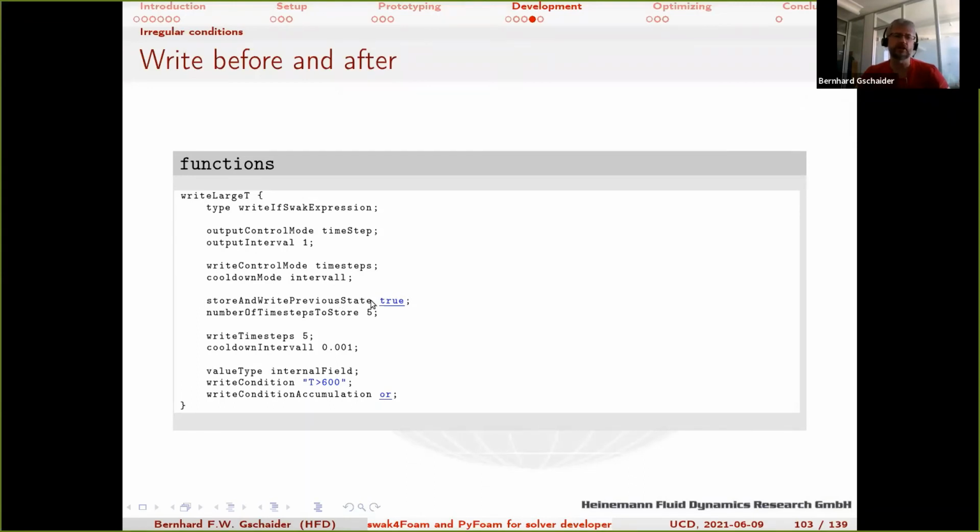He also tells it to store 5 previous time steps, so if that triggers, 5 time steps before are also written out. The write control mode should be time steps: please write out 5 time steps after the event as well. And for the cooldown mode, he takes an interval. He says, wait 1/1000th of a second before you start considering anything again.